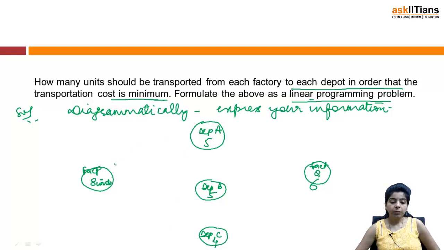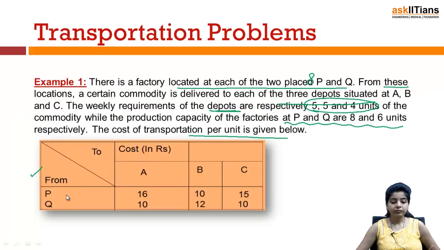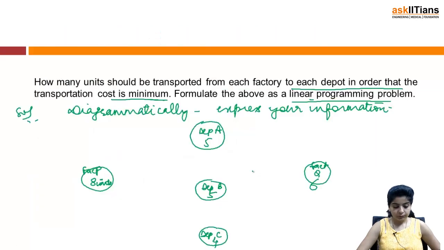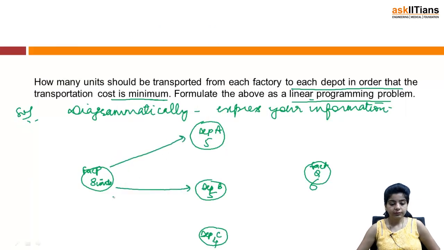Then from factory P, from P to A the cost is 16. Similarly, to B it's 10, to C it's 15. So how will you write that? Just put these arrows. Similarly, from Q we will be expressing the information.